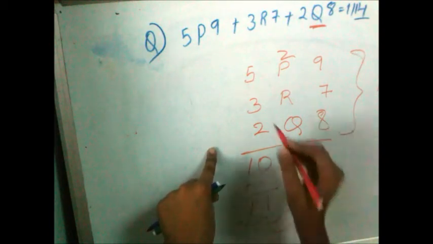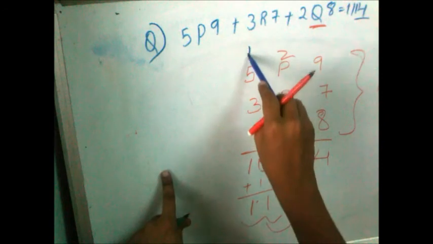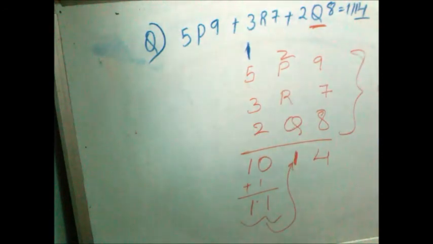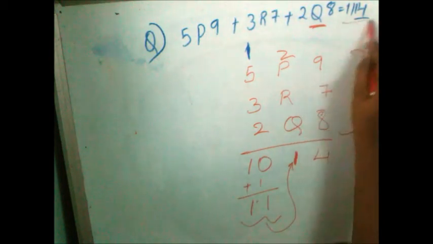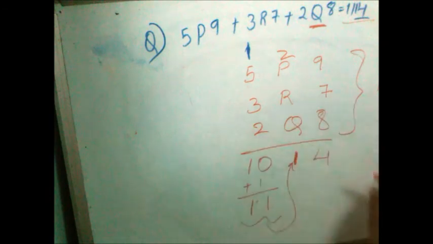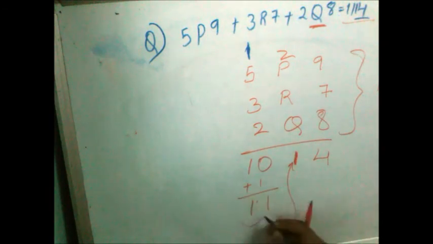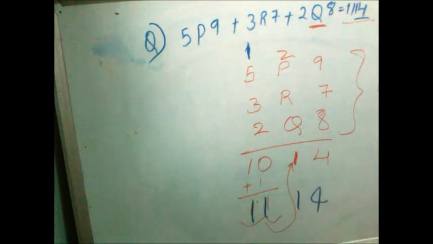So it should be 1 here to get 11. So it is very much easy. Just write this kind of numbers here. No need of all this analysis. Just write 1114 so that you can easily find out in the next sessions.